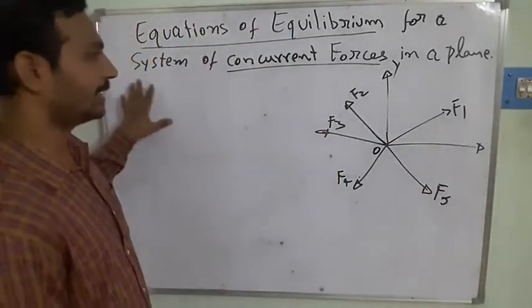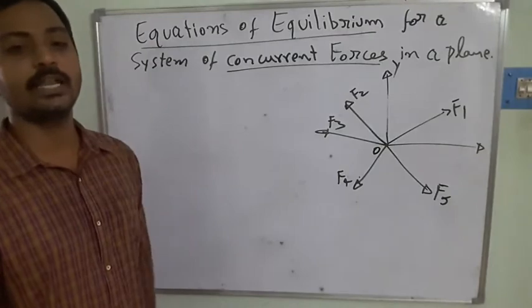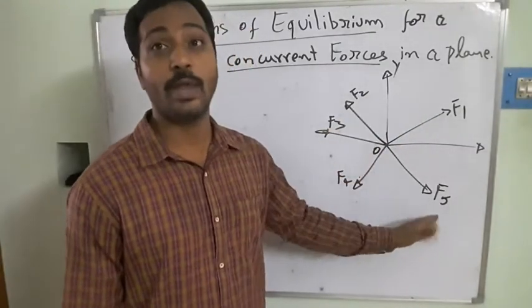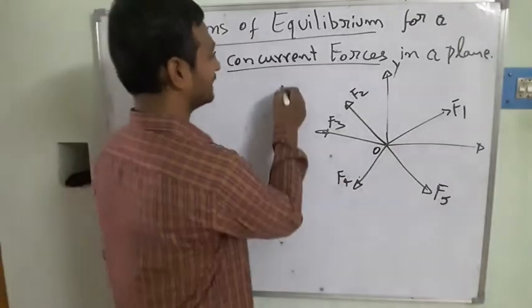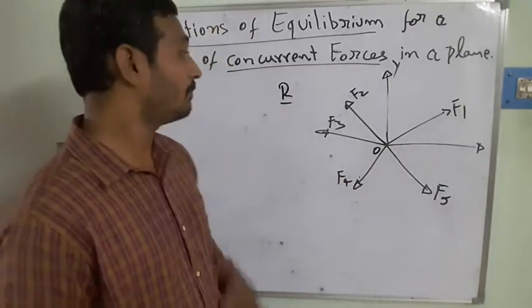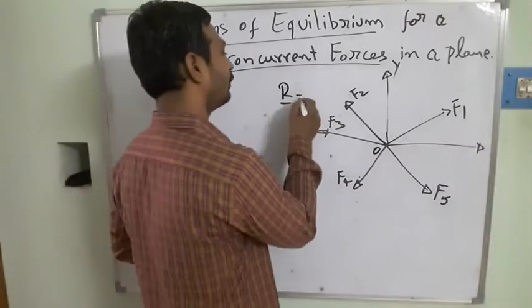As we know, for the resultant of several forces F1, F2, F3 and F5, we resolved the forces and calculated the resultant component by using the resolution method or the polygon law method, and we got some magnitude and inclination.